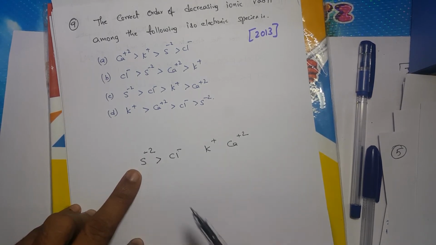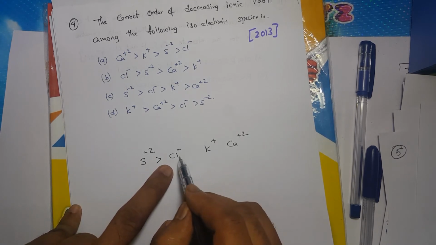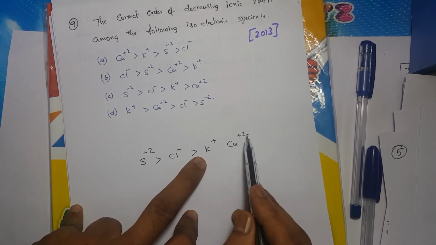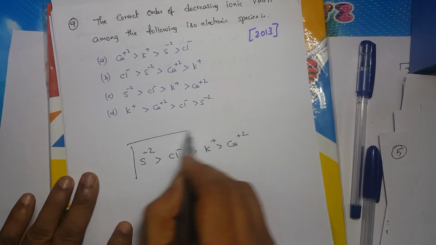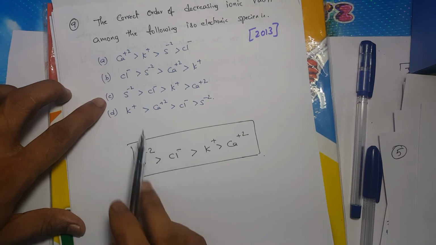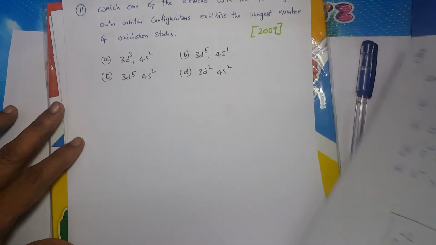So S minus 2 is greater in size than Cl minus. Next one. Anion is always bigger than cation. In the case of cations, the greater the charge, the more the size decreases. That's why K plus is bigger than Ca2 plus. So this is the order: S minus 2, Cl minus, K plus, Ca2 plus. So this one is the answer.